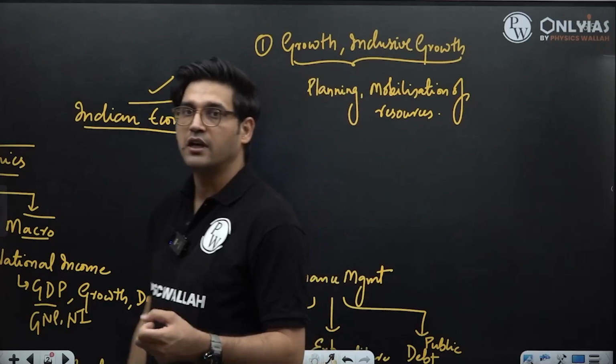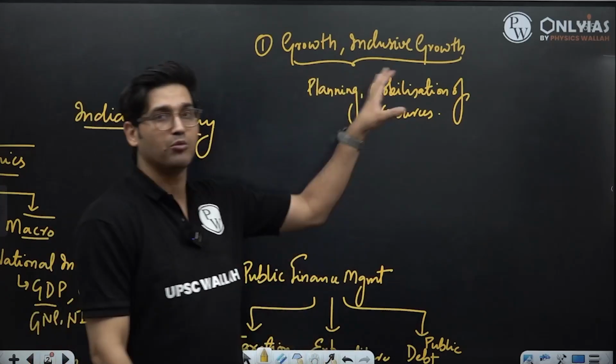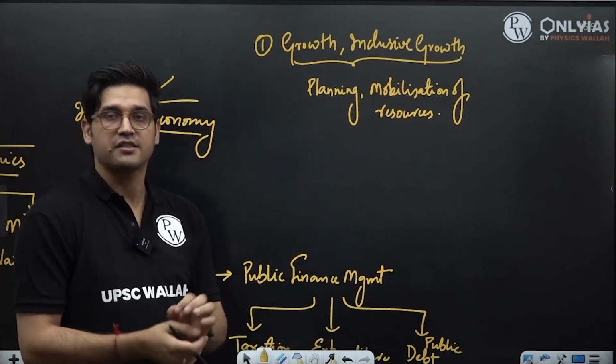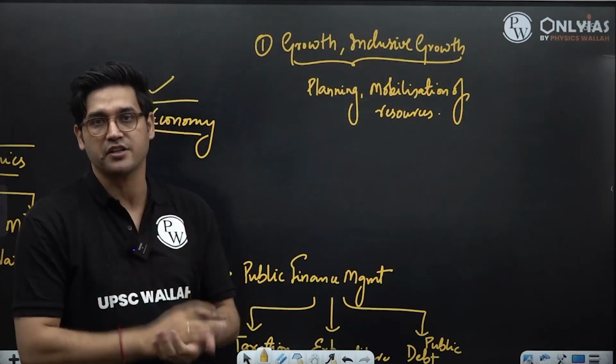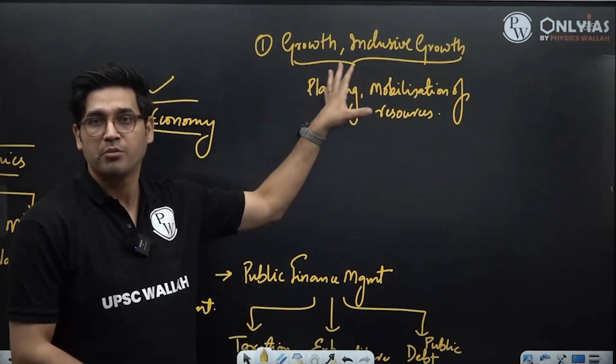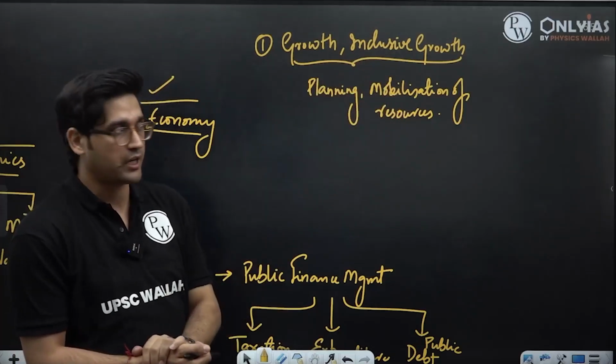So growth, inclusive growth, planning, mobilization of resources is crystal clear, maintained. It is there in the notification as well. So we will have to prepare around this topic more specifically.